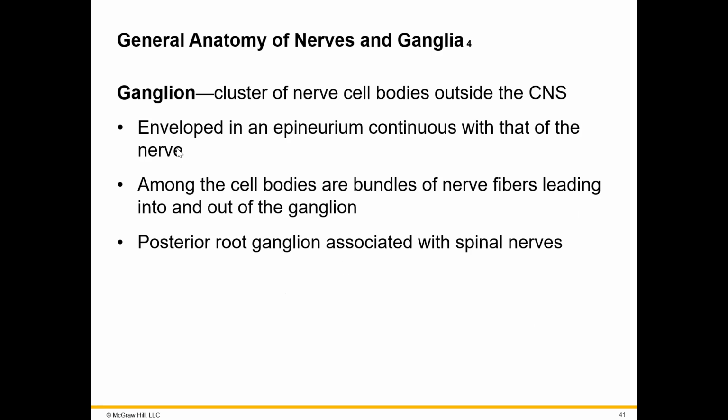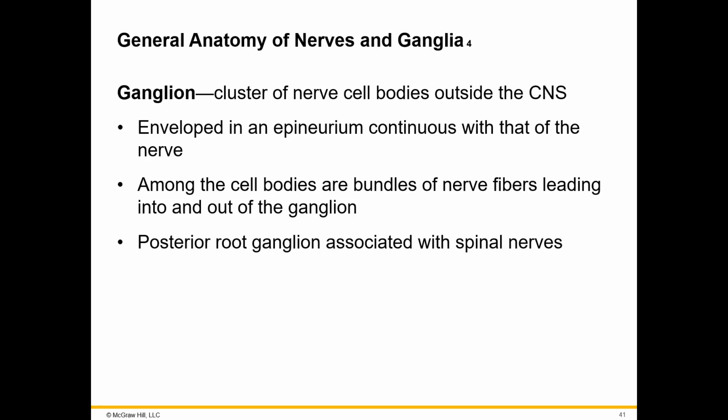So the ganglion is a cluster of nerve cell bodies outside the central nervous system. They are enveloped in an epineurium continuous with that of the nerve. So when you have clusters of nerve axons, these are known as nerves.